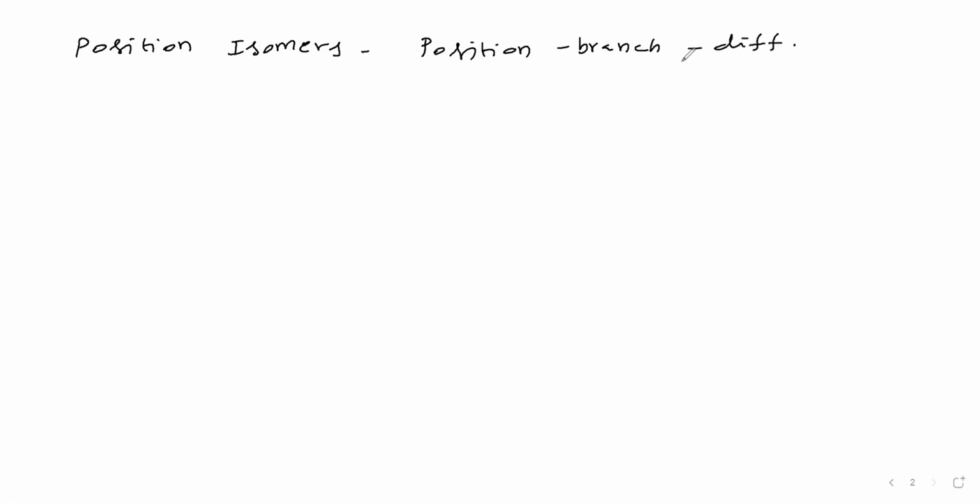Next one in structural isomerism is position isomerism. Position isomers means position of branch is different, otherwise position of substituent is different.